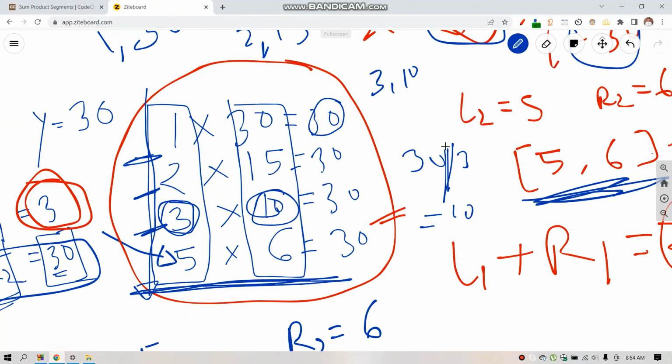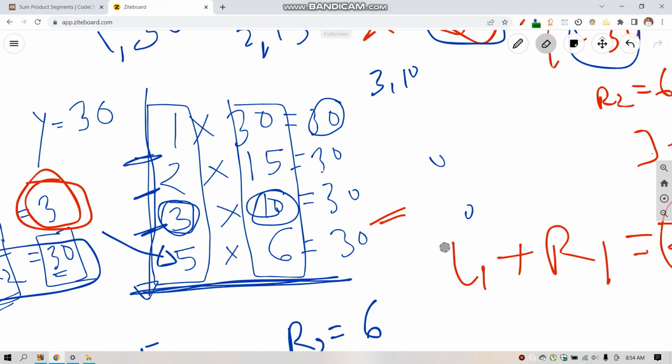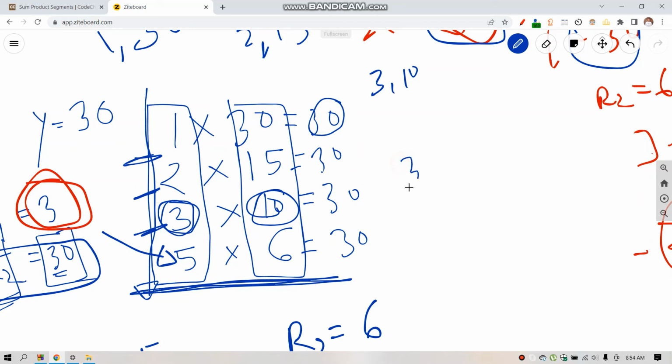Now suppose we found that range, right? 3 and 10 for L2 and R2. Now we have to find our L1 and R1. So we have two options, right?